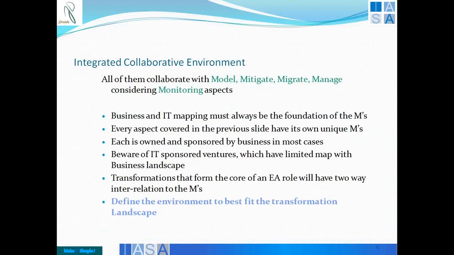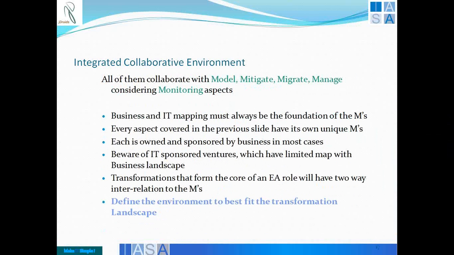And then last but not the least is in terms of transformations. You will have to relate the model and the information as well as the model and the P's. Say for example, a specific business product will have a specific model or a managed portfolio.